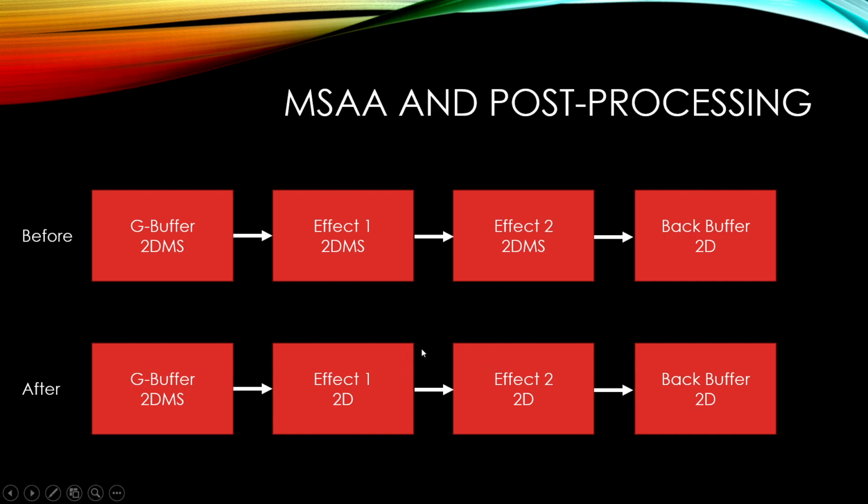So these two steps no longer have to run in multi-sampled mode, and they're going to be way faster. Post-processing effects tend to be something that sometimes form bottlenecks, and so that's why this is pretty important.